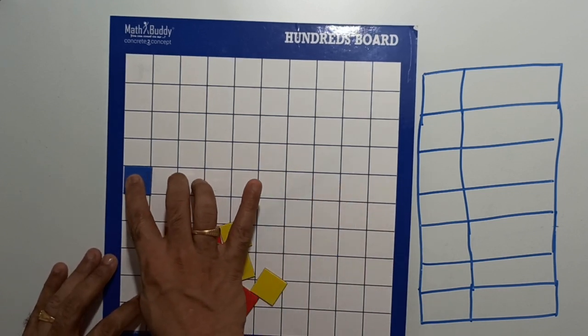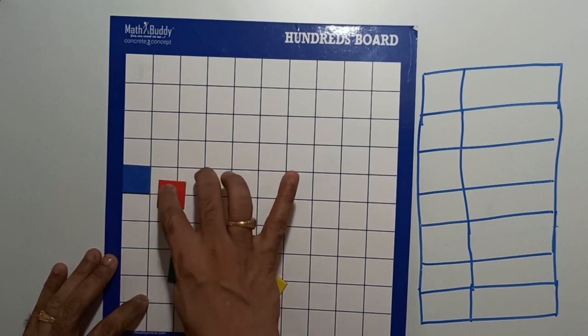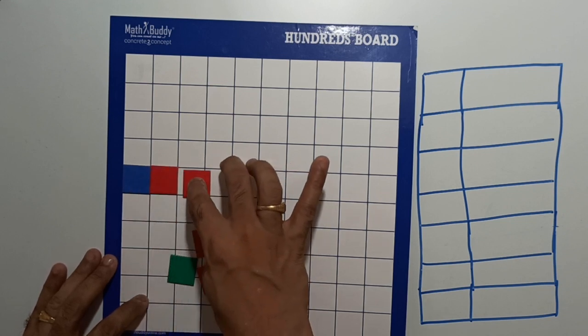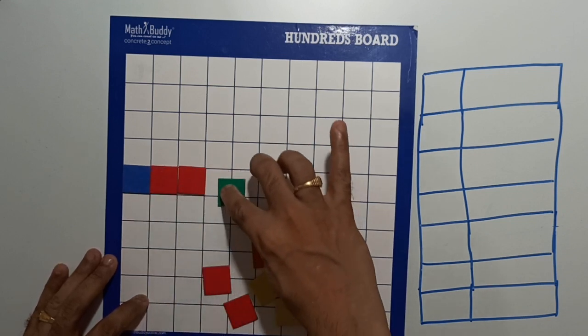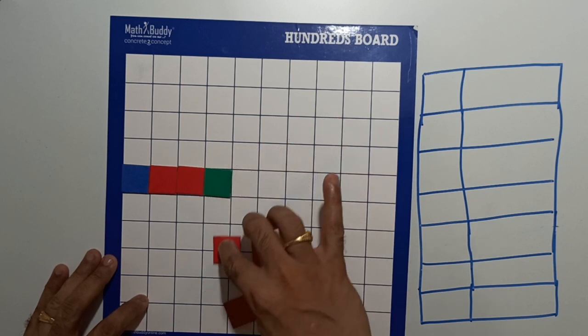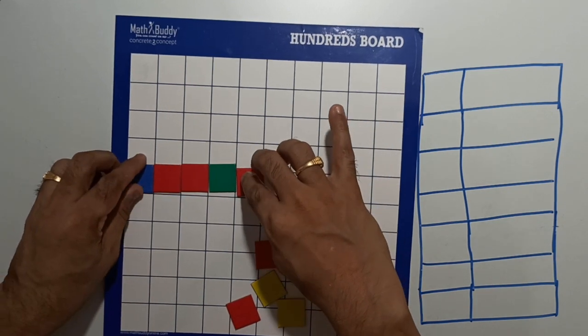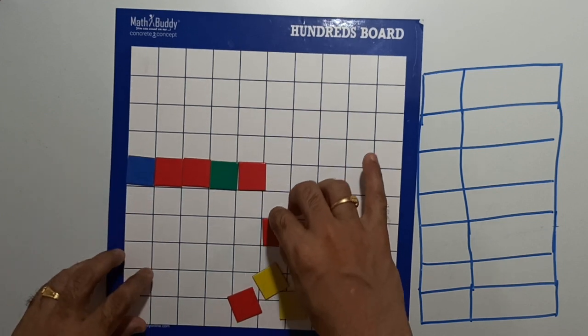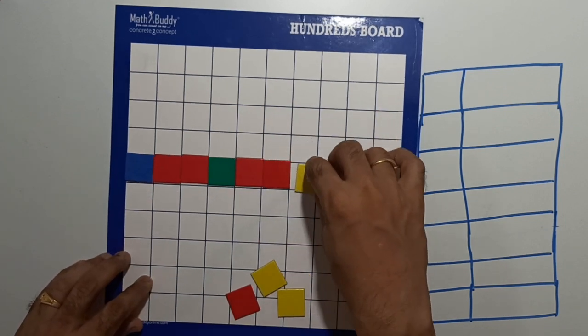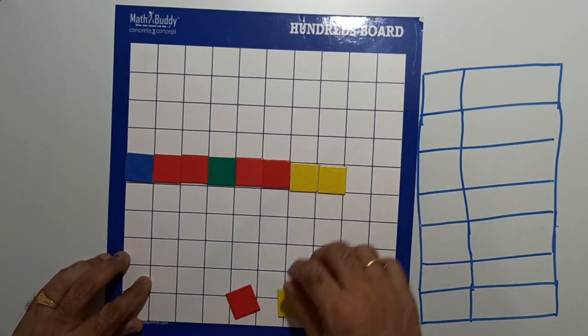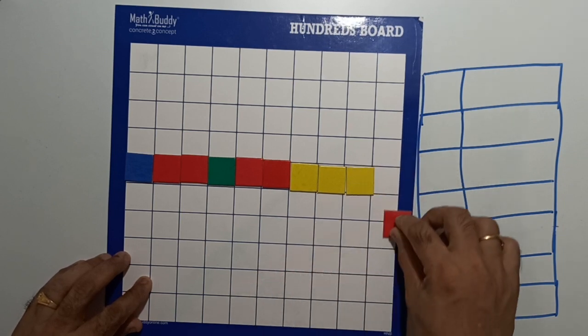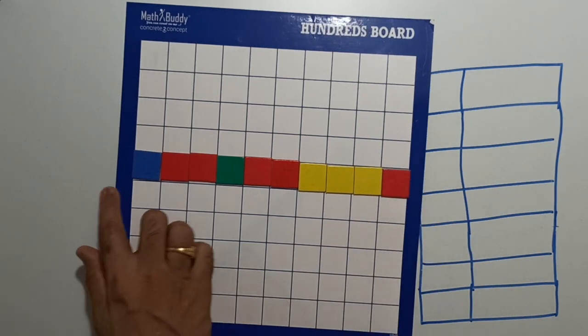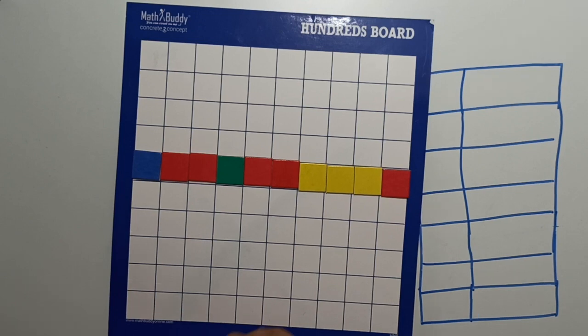One way of arranging 10 tiles is in a straight line. Even though this is not exactly a rectangle, this is one way of arranging these 10 tiles.